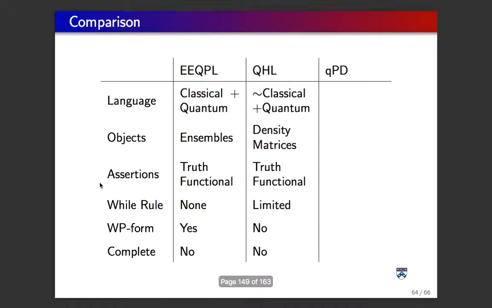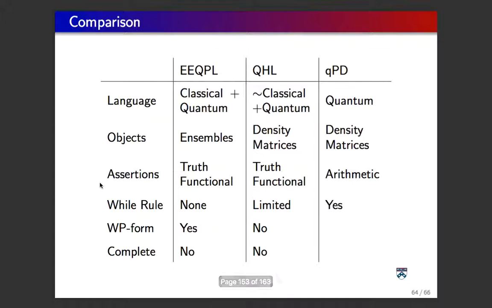So what are, again, the advantages and disadvantages of QPD? Well, this is a purely quantum language. We no longer are dealing with classical, which saves us a little bit of headaches. It's again talking about density matrices. Instead of being truth functional, now we're talking about an arithmetic logic.